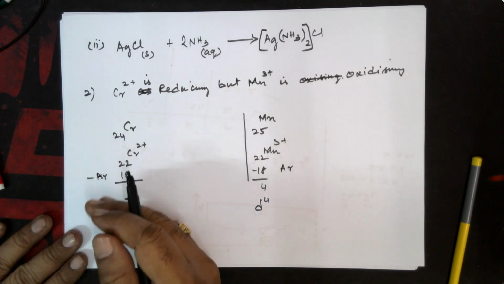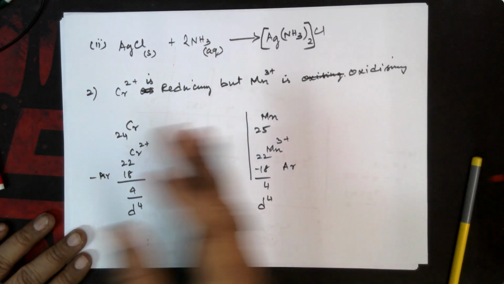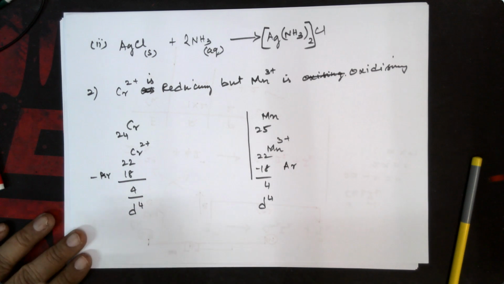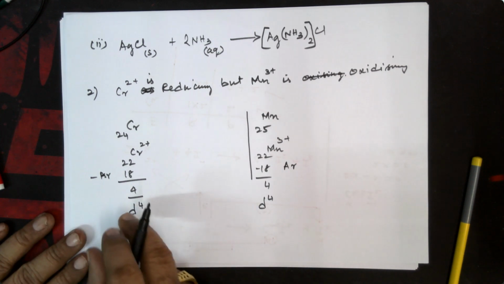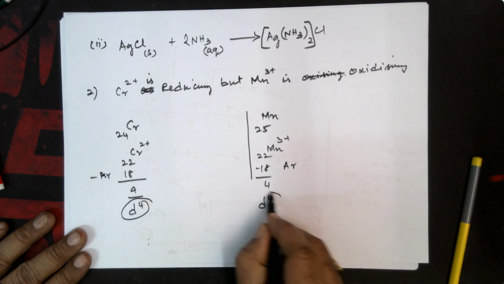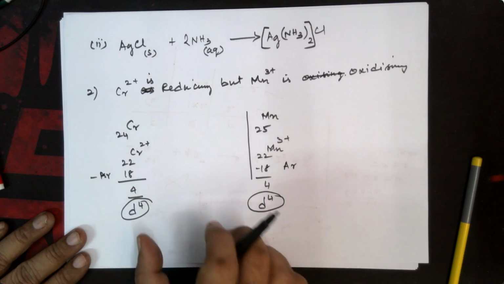So this is a simple way to obtain it. Otherwise you have to write down the electronic configuration completely and arrive at the D4 configuration. Our objective is to quickly arrive at this electronic configuration. It is already given, but we want to prove that. So both of them have D4.